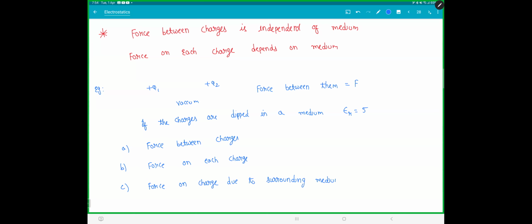There are three questions you can ask. The problem is, most people remember it like this: if you put charges in a medium, force becomes F by 5. They really don't know which force you're talking about and why it decreases. But there are three things I can ask you.